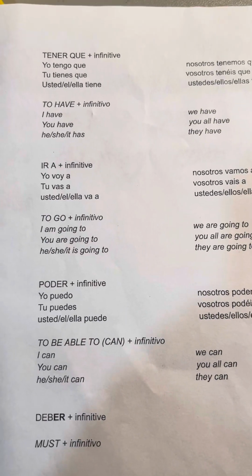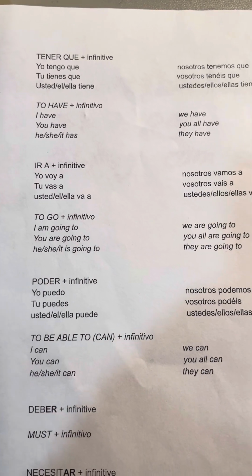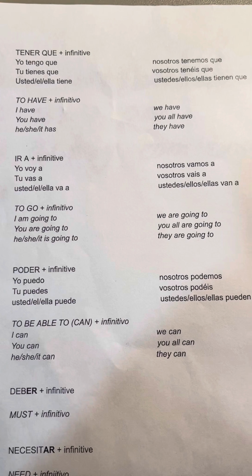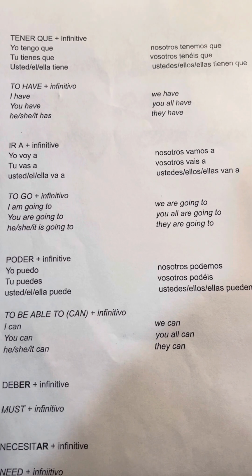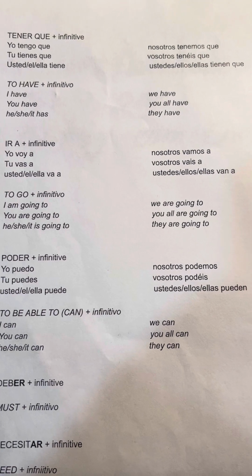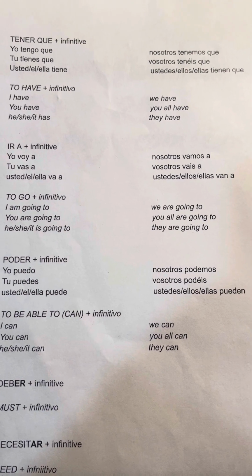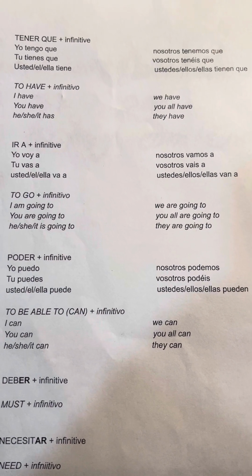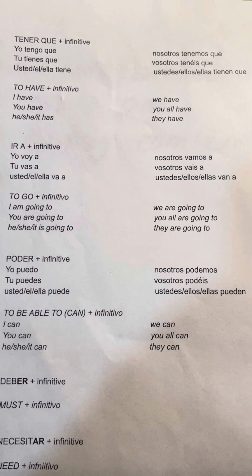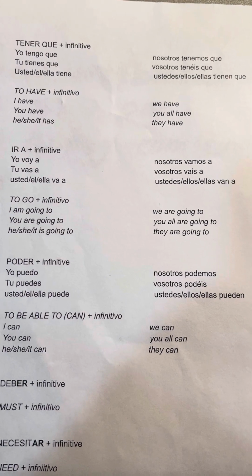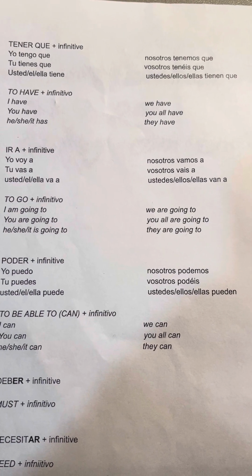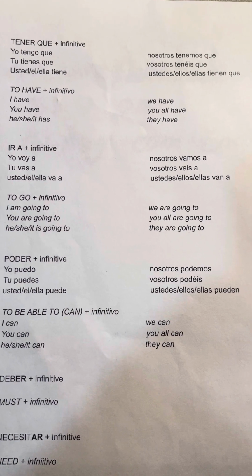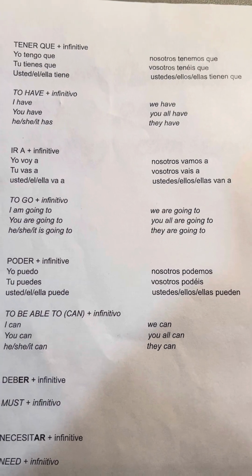Now, tener is an ER verb and it is irregular. We have not dealt with irregular verbs before, so I have written it down here for you to see the conjugation. Yo tengo, tú tienes, usted, él, ella tiene, nosotros tenemos, vosotros tenéis, ustedes, ellos, ellas tienen.